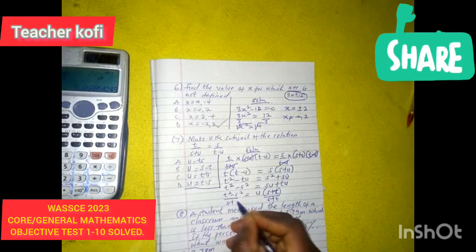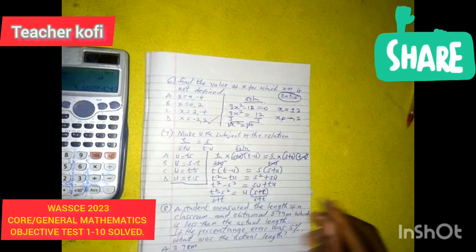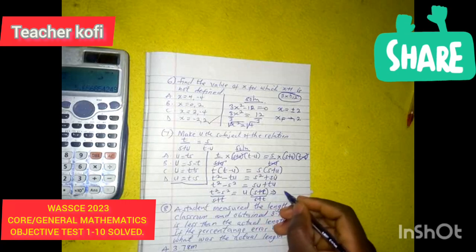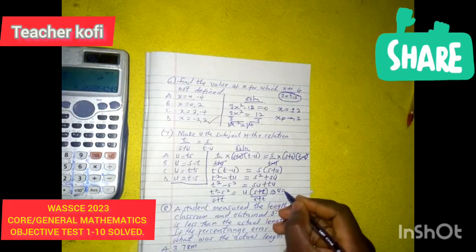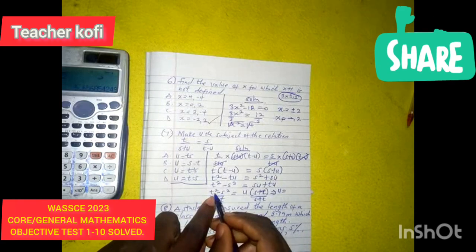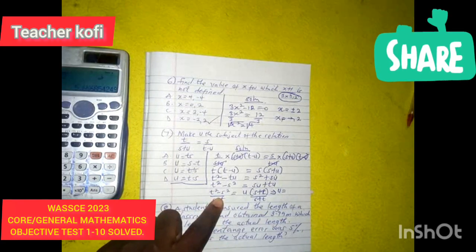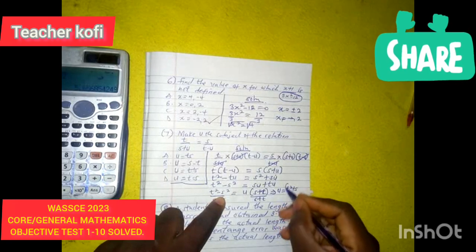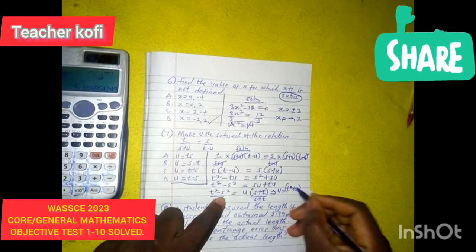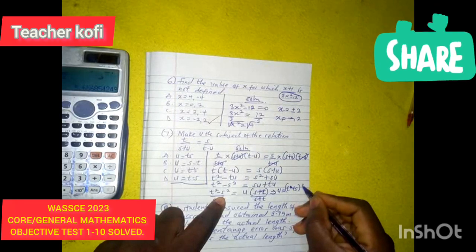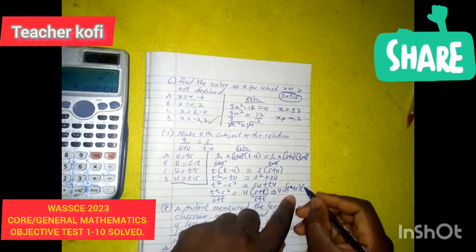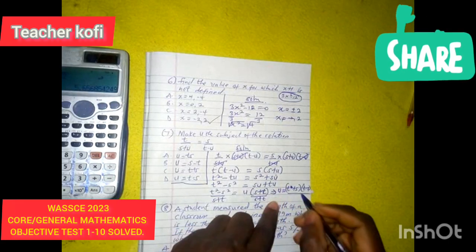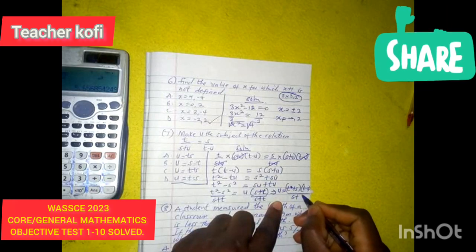So u is equal to t squared minus s squared, which is the same as t plus s into bracket t minus s, out of s plus t.